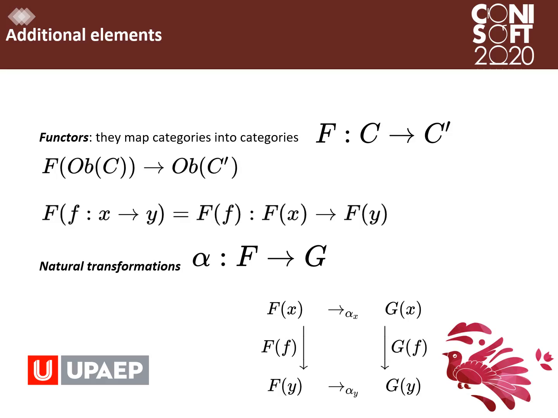The object function maps objects in C into objects in C'. The morphism function maps morphisms in C into morphisms in C'. It is important to note that the morphism image respects the image of the domain object and the image of the range object.